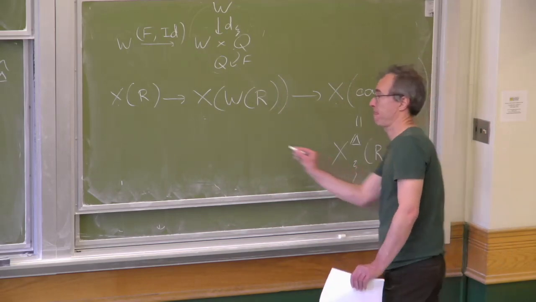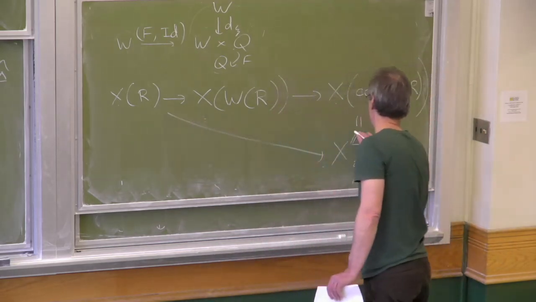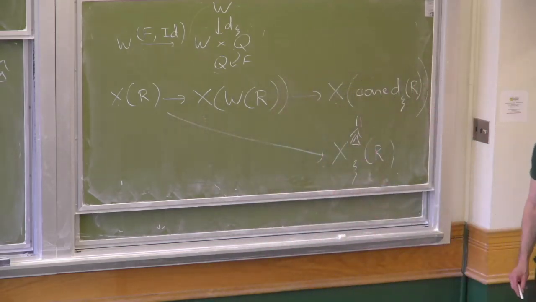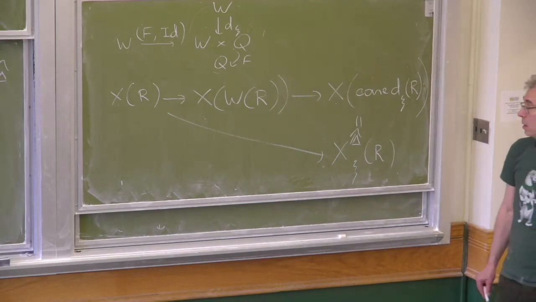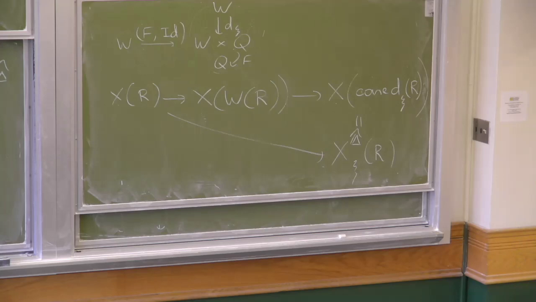You were saying that in the non-shear story, the main point was that the ring stack, the prismatization of the affine line, receives a map from W. And now you are saying that the sheared prismatization of the affine line also receives a map from W.